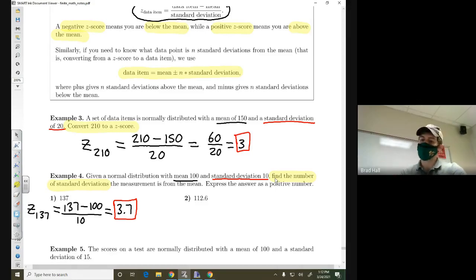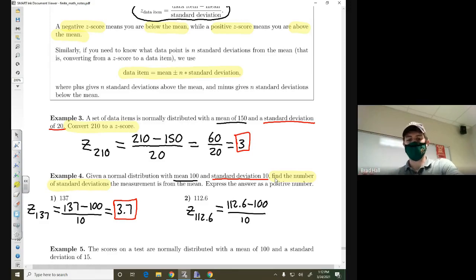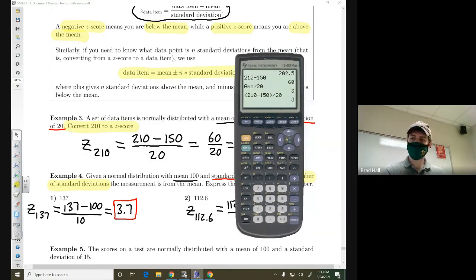Problem 2, same idea, just different value. The z-score for 112.6 is 112.6 minus 100 divided by 10. It's the same formula. I just replaced 137 with 112.6. Now that's 12.6 divided by 10, which is 1.26, I believe, because you move the decimal place over once. Let's just make sure.